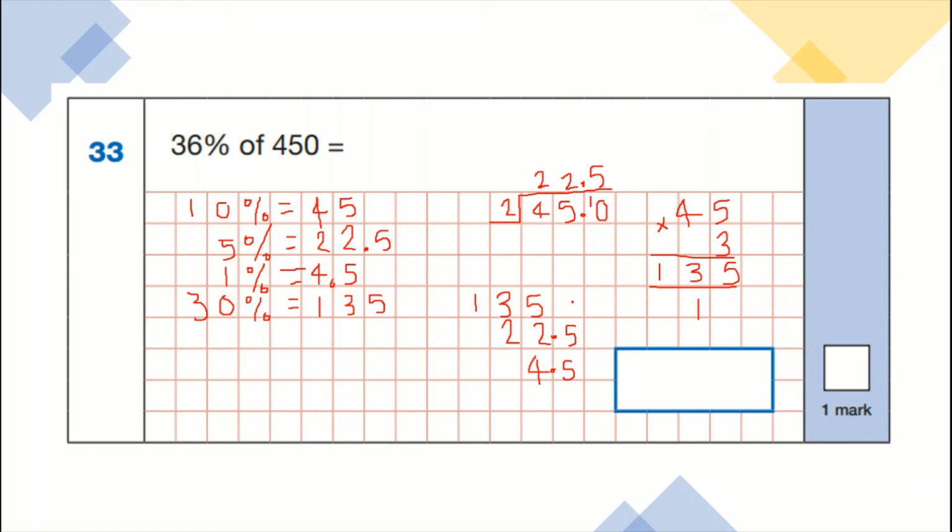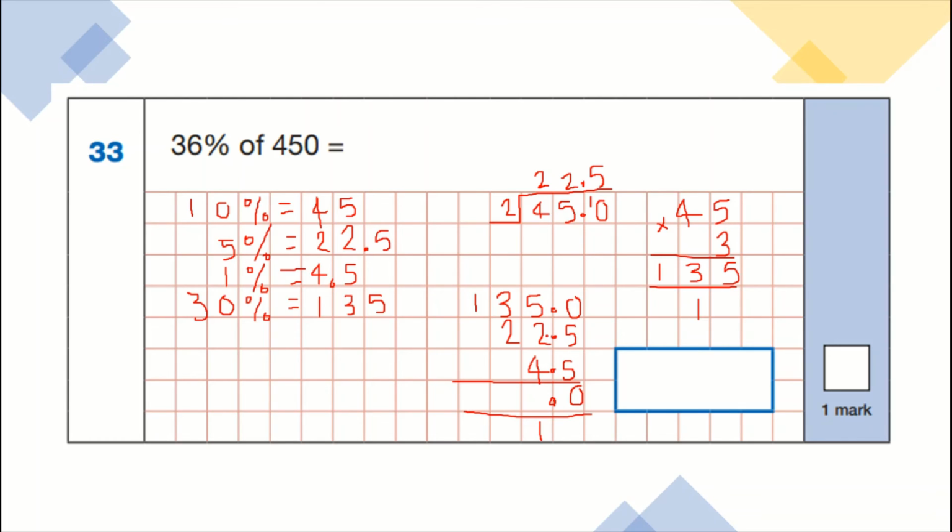Now we can fill this digit space with a 0 if we put a decimal place in here, because it will make it easier to work out with. So now we're going to add them all together. 5 plus 5 is 10. Remembering to put in the decimal place. 5 plus 4 is 9.